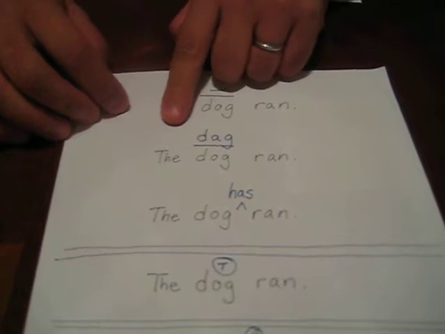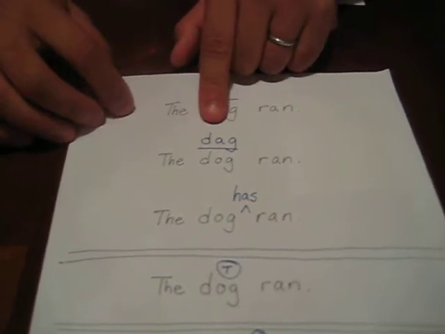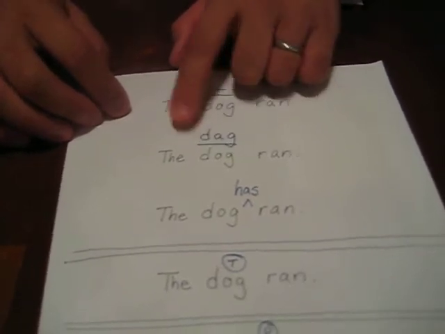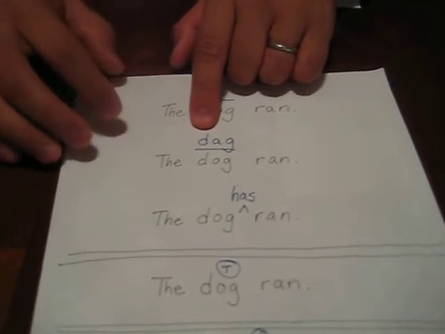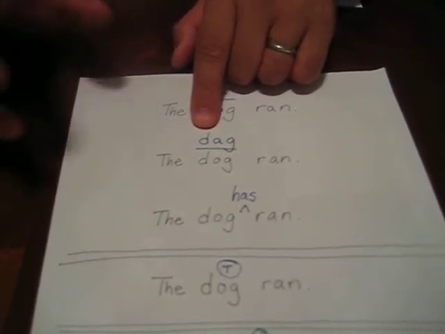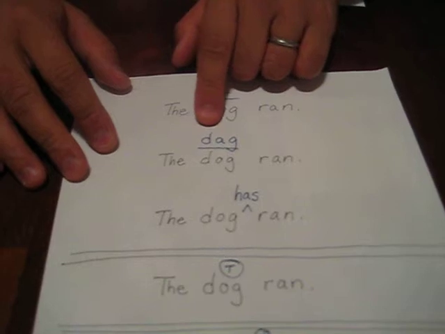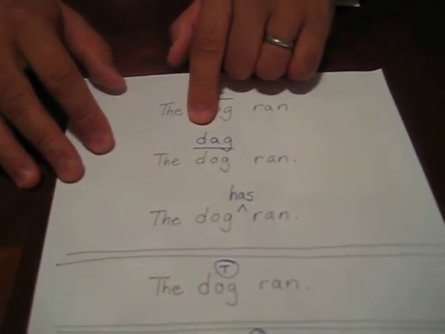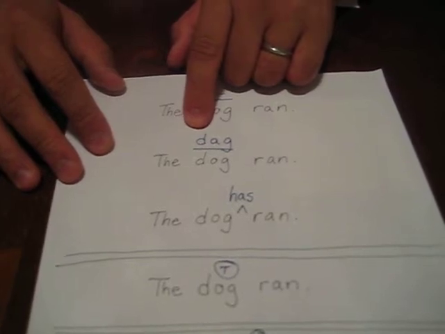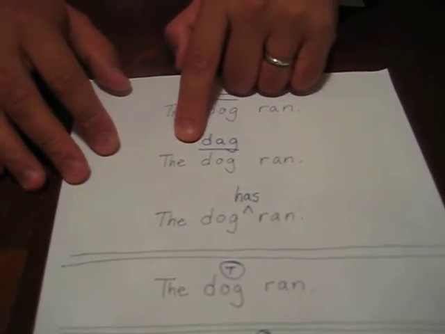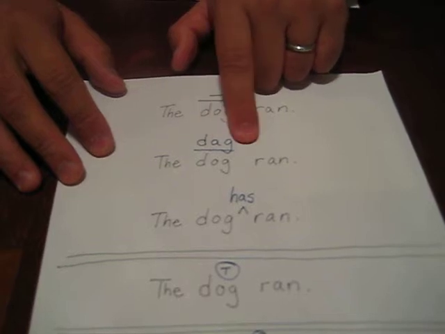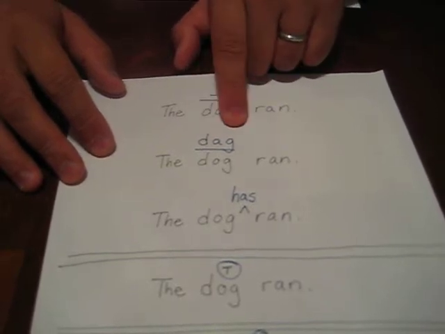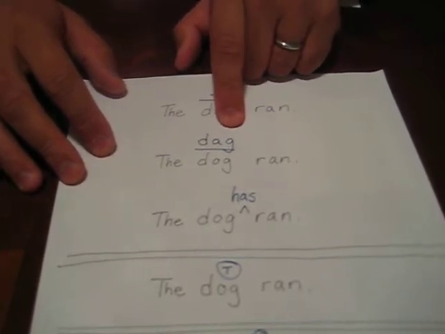It counts as an error, but this symbol simply tells us that the student skipped the word. The next line shows that the student has substituted the word dog for dag. Perhaps the student made an error in decoding the word dog and thought that it said dag. Well, it's not like the student really omitted it. He or she simply put in the wrong word. So go ahead and put a dash or a line over the word that was mistaken and write down what the student actually said.